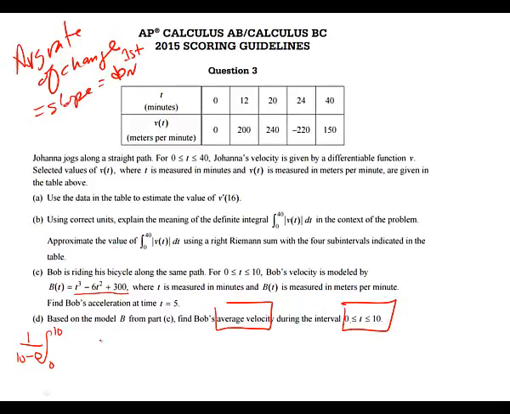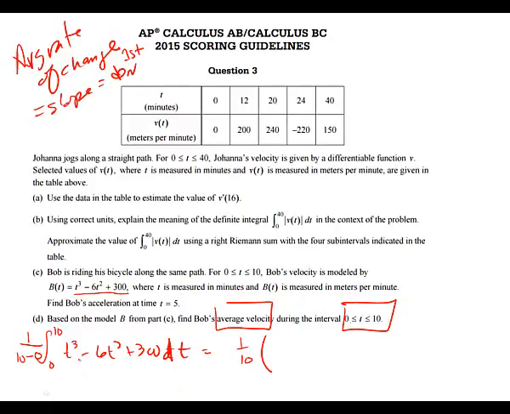Okay? It might be in a different part of it. It won't always be part D. All right, and then I've got to integrate this function here. So t cubed minus 6t squared plus 300 dt. All right.